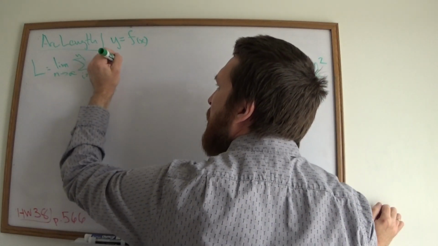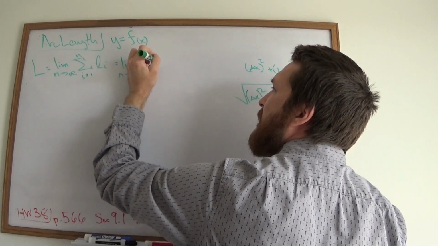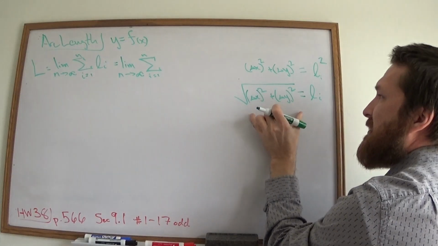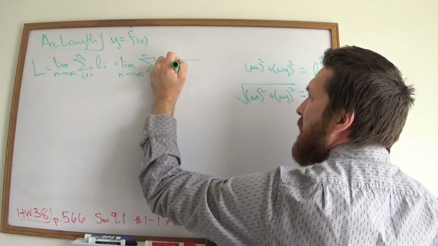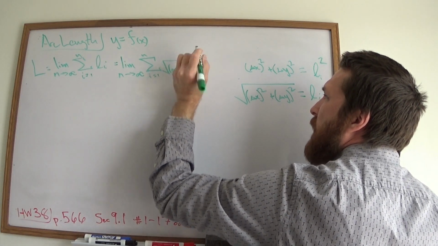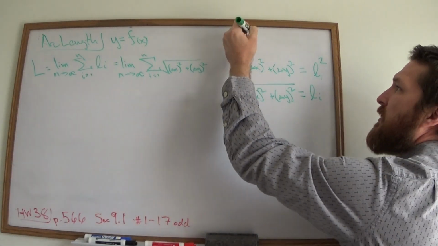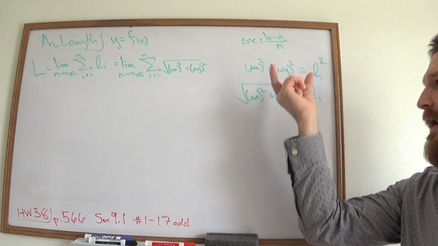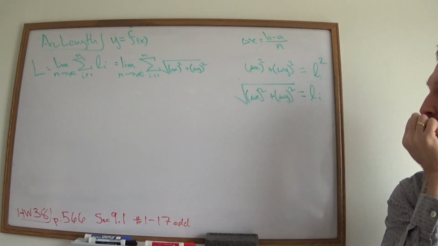So this gives me the limit as n goes to infinity of the sum, i goes from 1 to n, of the square root of delta x squared plus delta y squared. And we understand that we've chosen delta x so that as n goes to infinity, delta x gets infinitely smaller. Is this thing an integral?